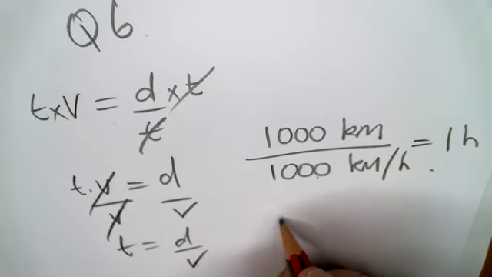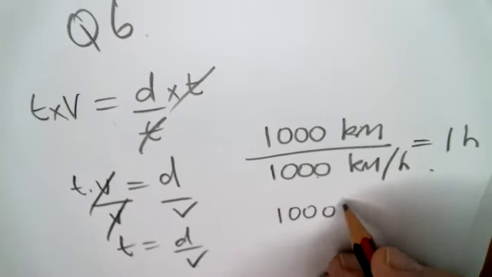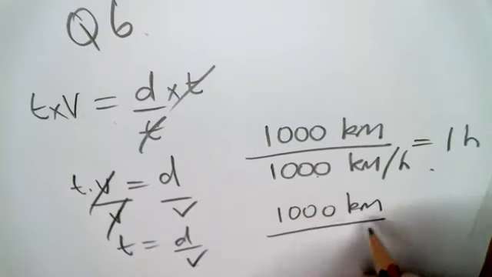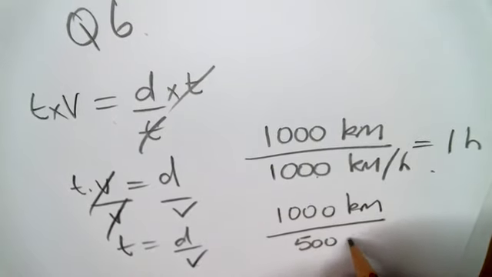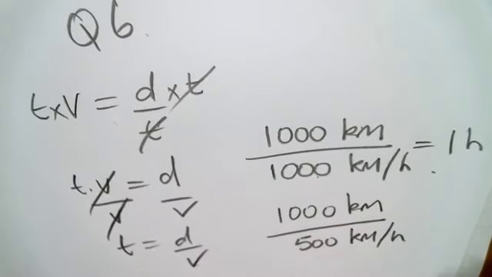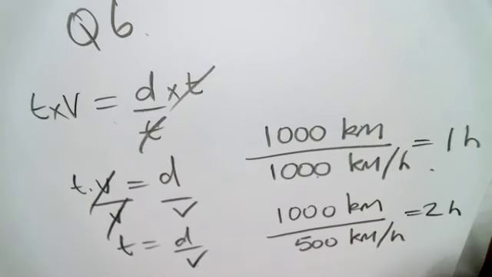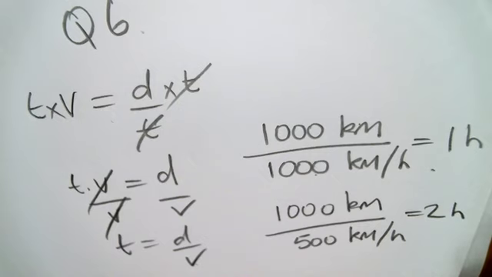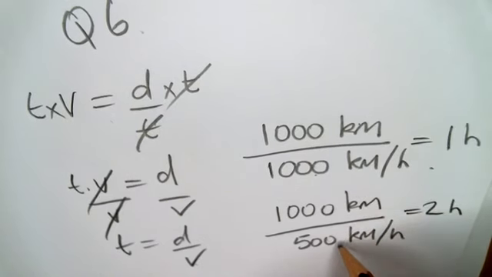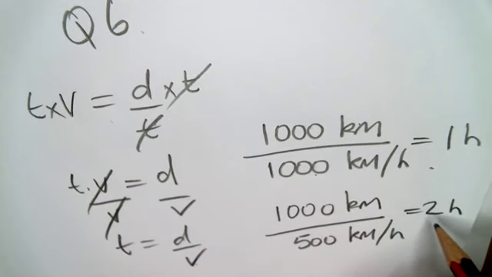What about if you were traveling 1,000 kilometers at 500 kilometers per hour? Well, 1,000 divided by 500 is 2. It would take you 2 hours to travel that distance. So if we take the distance and divide it by the velocity or the speed, that's the amount of time it's going to take us to travel there.